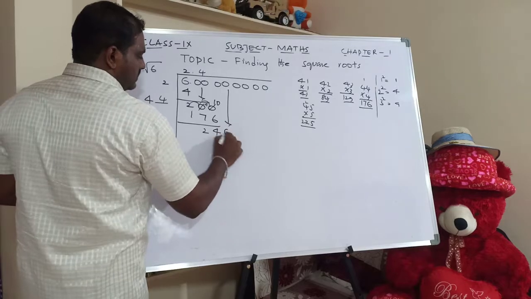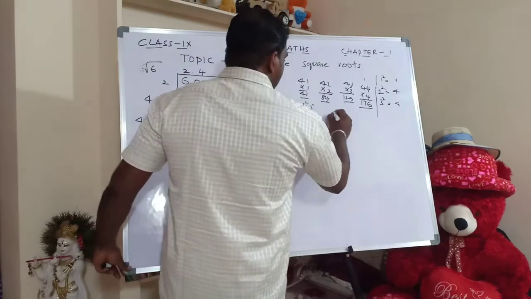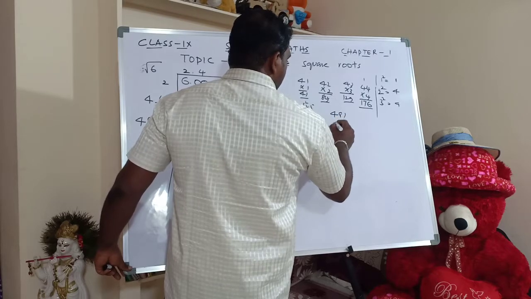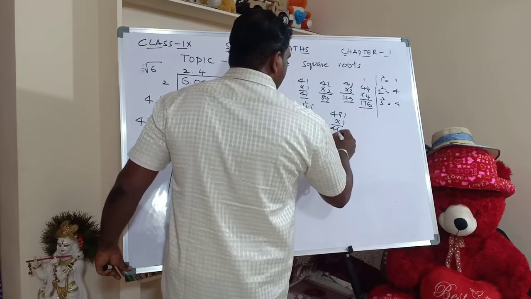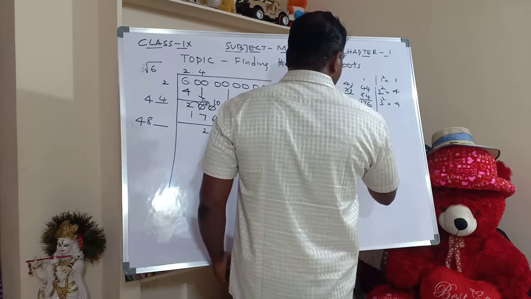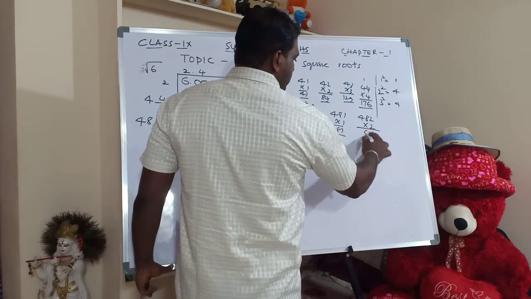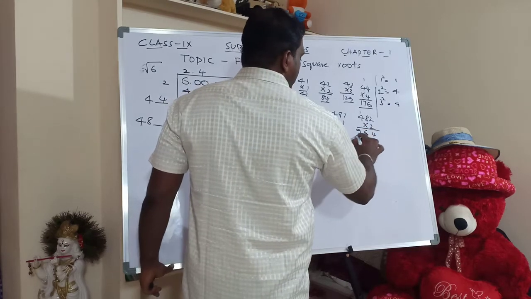Then next step: 481 into 1 is 481. Next, 482 into 2. 2 2s are 4, 2 8s are 16, 2 4s are 8, 9.